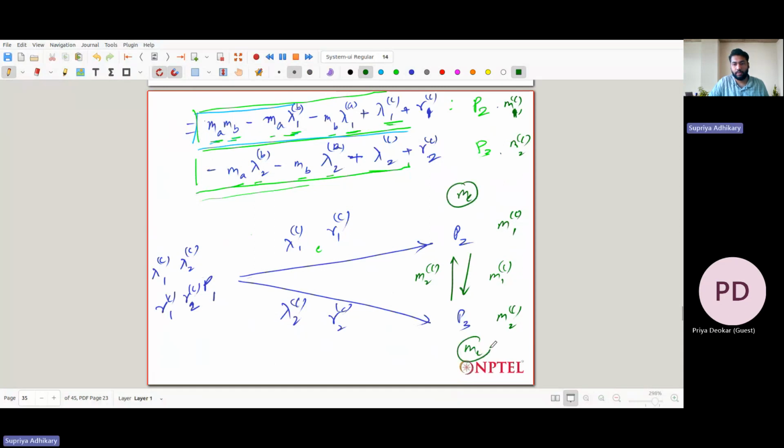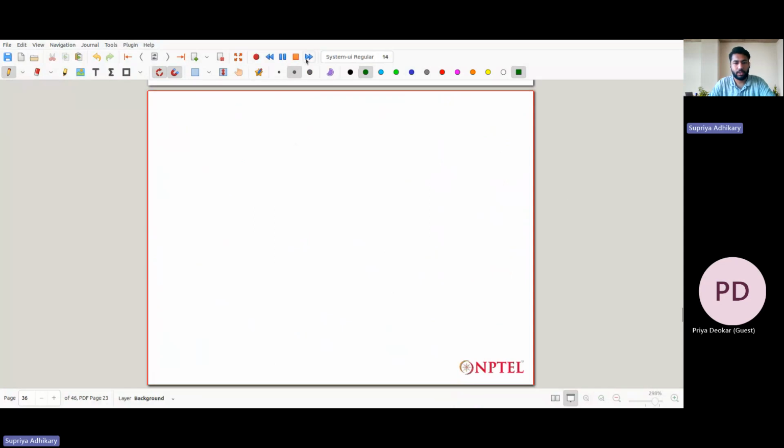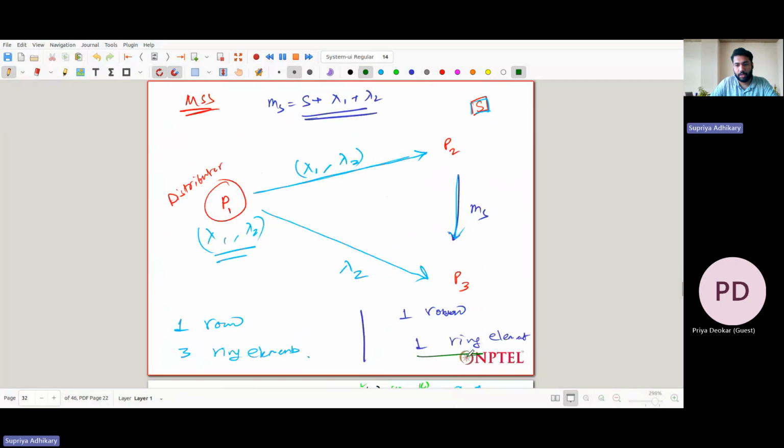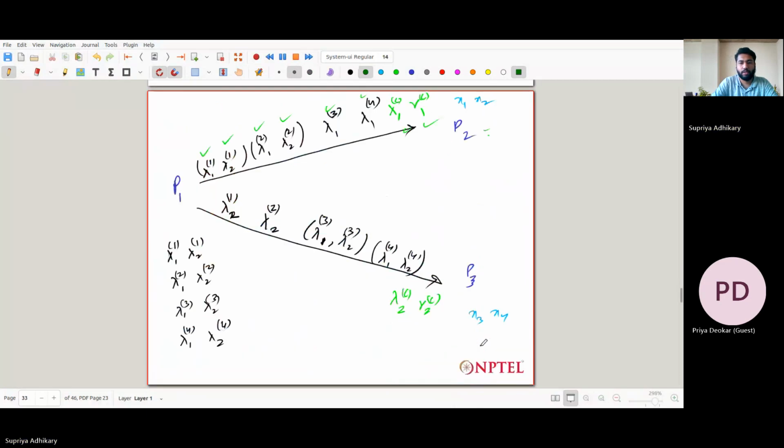P2 and P3 both can have the MC then. So there is one other communication for evaluation. So for evaluation, they must communicate two ring elements. And for sharing, they must communicate one ring element each.